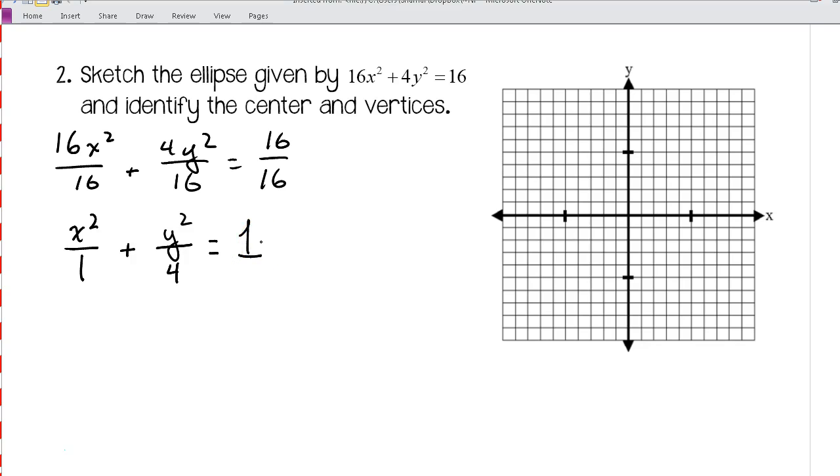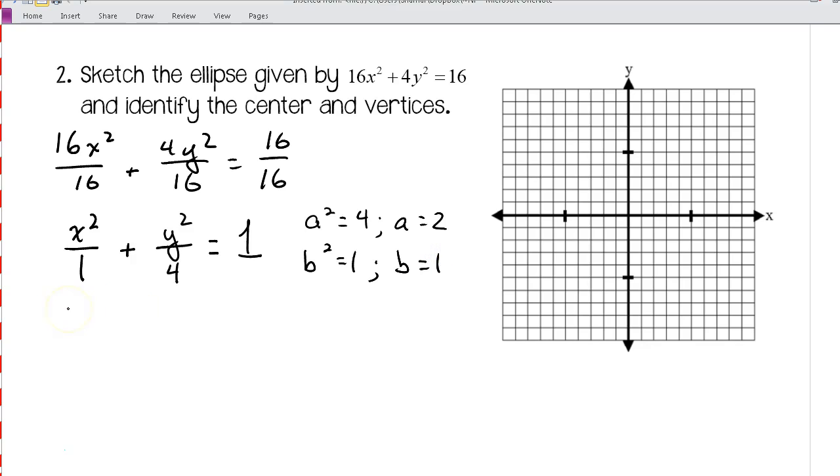So if you remember, a is always larger. So we know that a squared here is going to be 4, which means that a is going to be 2. And b squared is going to be 1, which means that b is going to be 1 as well. Okay?